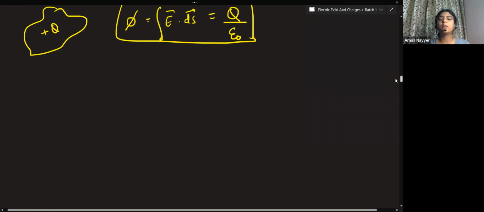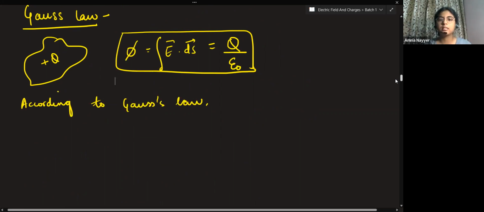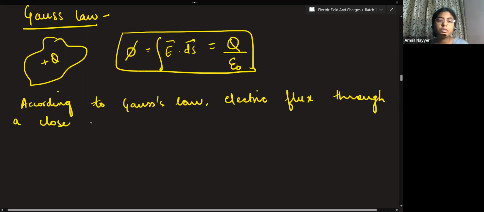So what is meant by Gauss law? According to Gauss's law, it says that the electric flux, phi, through a closed surface, this is essential, through a closed surface, you have to consider the charges that are present within the surface only.